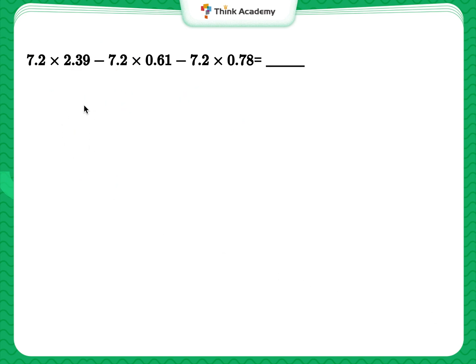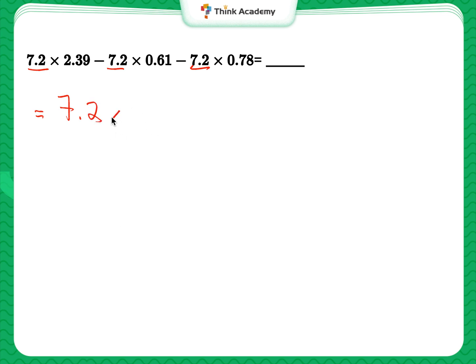All right. And moving on to the next question. Well, even if we have 3 different calculations right here, it doesn't really matter. We will just need to copy down the common multipliers too.